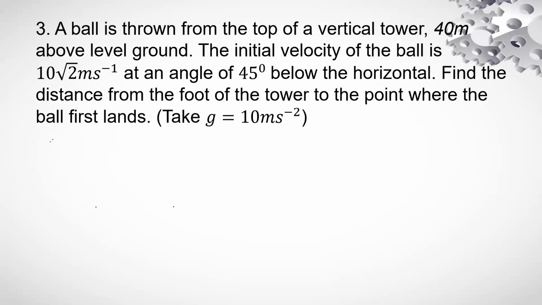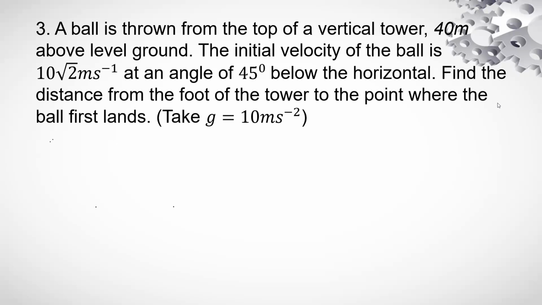Then 3 is just another question. It says a ball is thrown from the top of a vertical tower 40 meters above level ground. The initial velocity of the ball is 10√2 meters per second at an angle of 45 degrees below the horizontal.